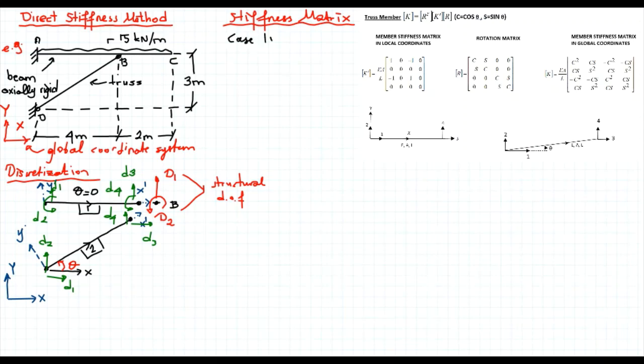So we have a unit translation, but no rotation. So in order to create a unit translation, I need a force that's equal to K11. So in order to create a unit translation in the D1 direction, the contribution or the resistance coming from the first member will be K33. So let's write this down.